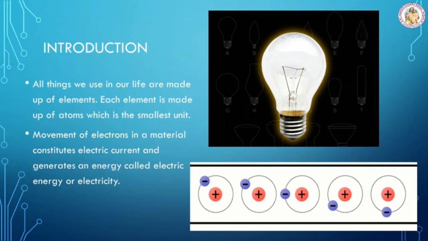Electric bulbs, fans, electric iron box, washing machine and refrigerators are some of the appliances which work with the help of electricity. In this lesson, we will study about electric charges and how they are transferred. This lesson will also cover electric circuits and the effects of electric current. Come, let's enter into the lesson.